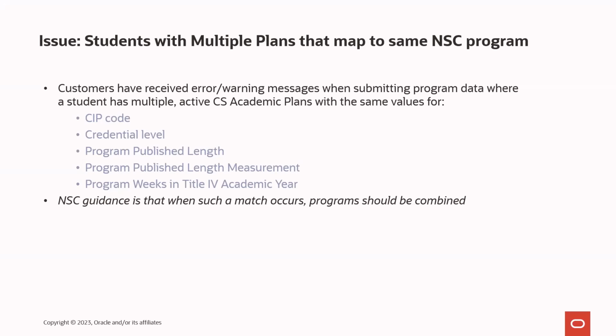Some customers have reported receiving error reports from NSC in scenarios where a student has multiple active plans that are mapped to the same zip code and NSC attributes. The consolidated statistics process always reports each plan up to a maximum of 6 as a distinct NSC program regardless of zip code. Interpretations of this error condition differ across institutions, so there's a need to provide customers with the ability to control whether to continue in this way or to match and consolidate plans that share the same zip code and other NSC attributes.